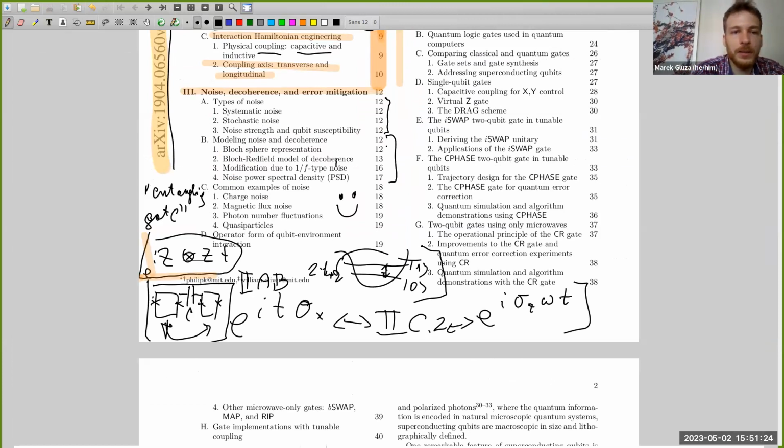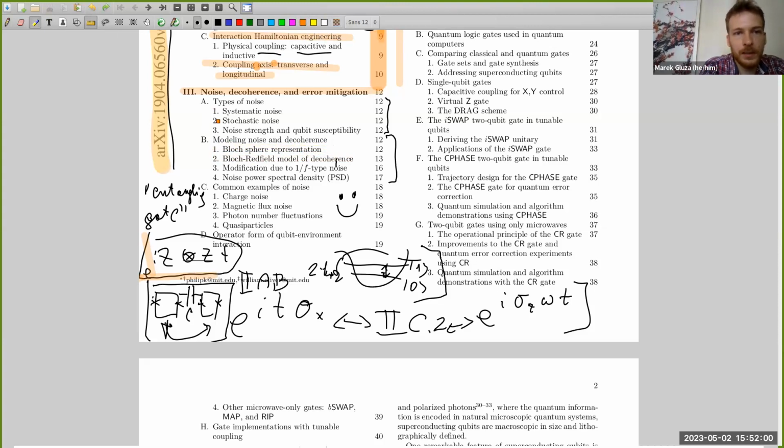Bloch sphere representation, Bloch-Redfield model. This is stuff that you should with pleasure do on the weekend, just for the joy of learning something elegant. And then after you do this is more or less where elegant stuff is stopping for, you know, dealing with noise and stuff like this. That's more or less the end of the story, where then basically it becomes noisy in a way that is hard to treat.